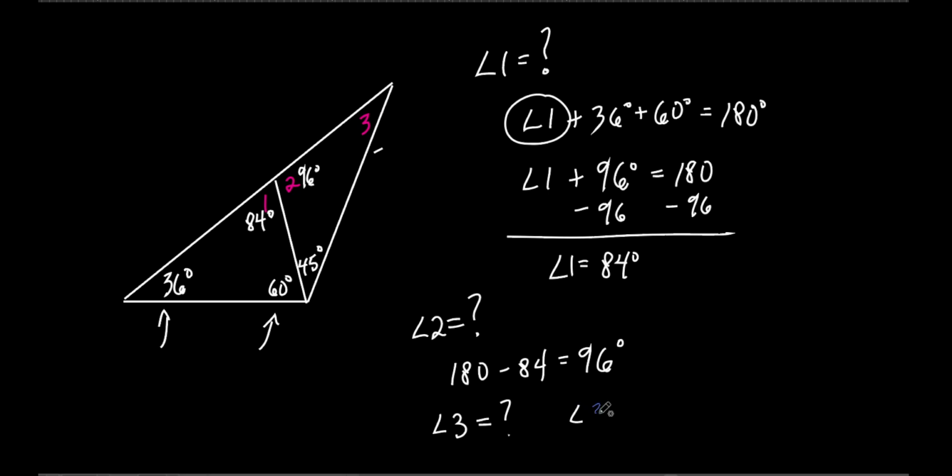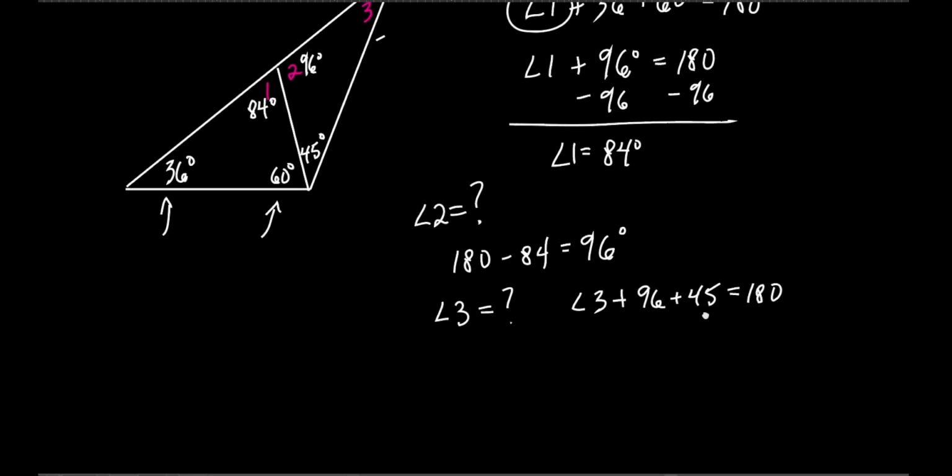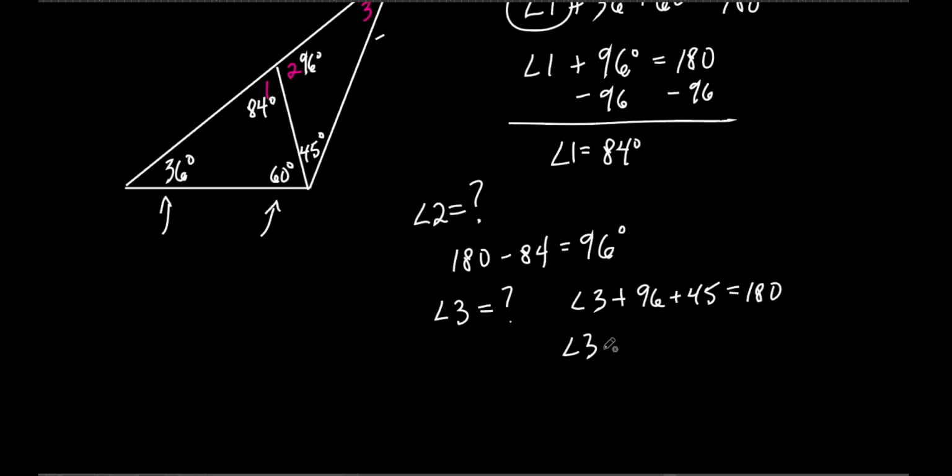I'm going to say angle 3 plus 96 plus 45. What do they add up to be? 180. And now let's go ahead and do the math. 96 and 45, what's that? That's 141, sorry. 141.